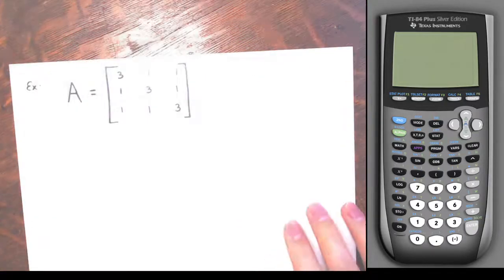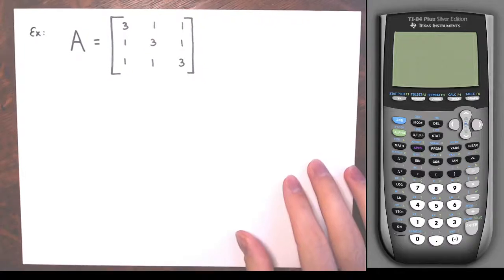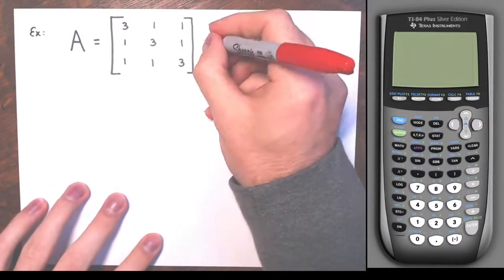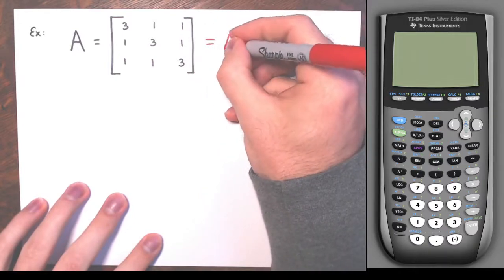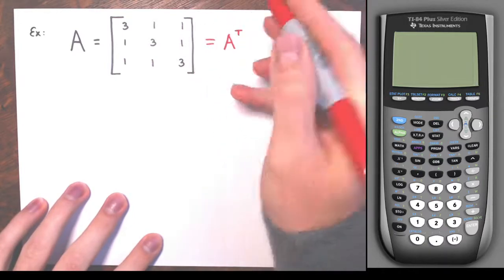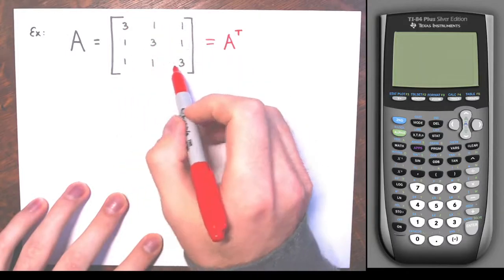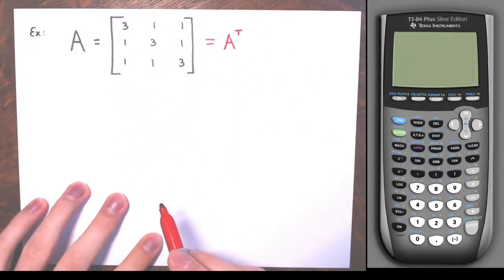All right, so my last example, another 3 by 3. It is symmetric. The first row is the first column, the second row is the second column, the third row is the third column. This is a matrix that's equal to its own transpose.